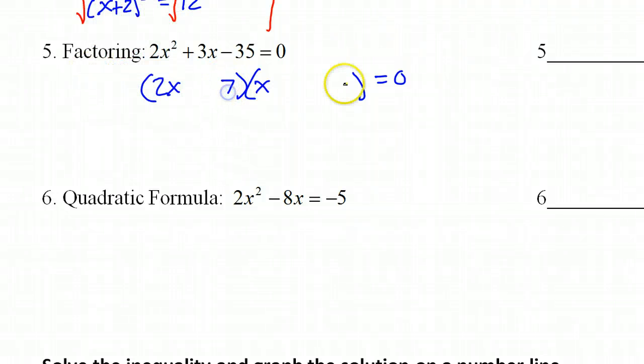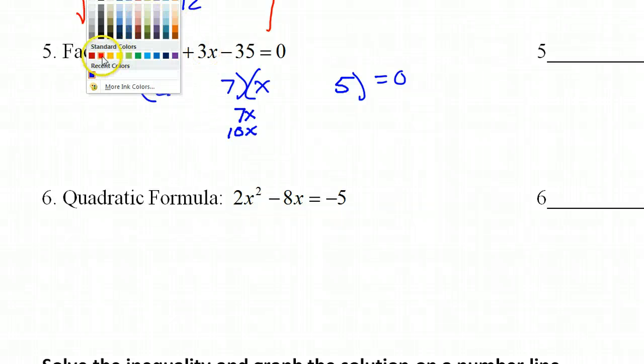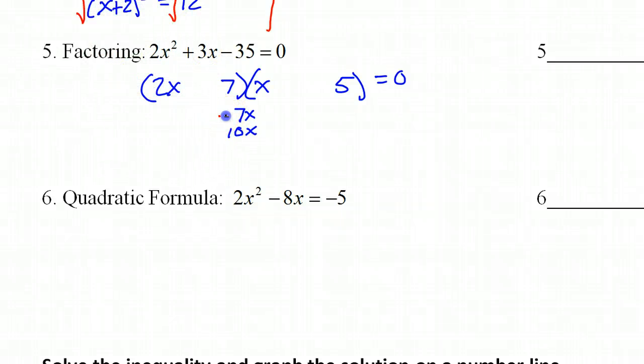So let's try 7 and 5. In that case, inner I have 7x, outer I have 10x. And again, I'm trying to get positive 3. I can do that if I have a negative 7 and a positive 10, that will make a positive 3.